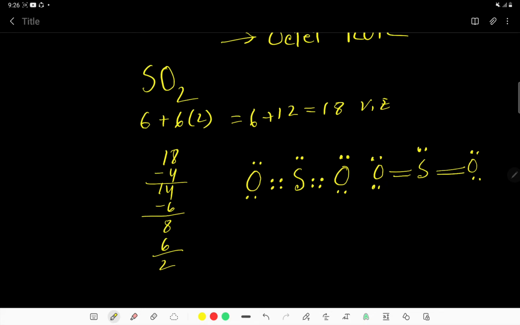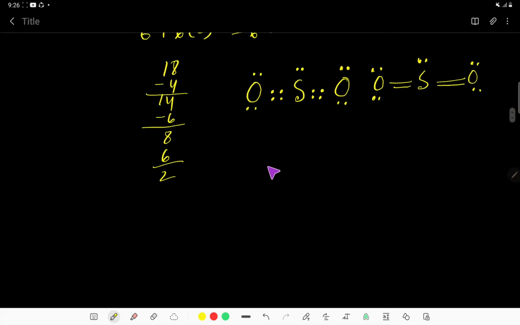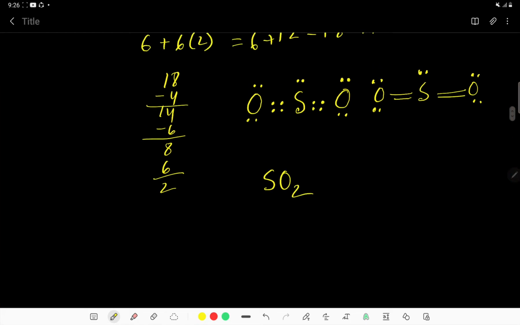Okay, let me show another way to draw this Lewis structure. So you have SO2, so you need to draw the Lewis structure. You know that it has 18 valence electrons. Sulfur is the central atom and oxygen is the outer atom.